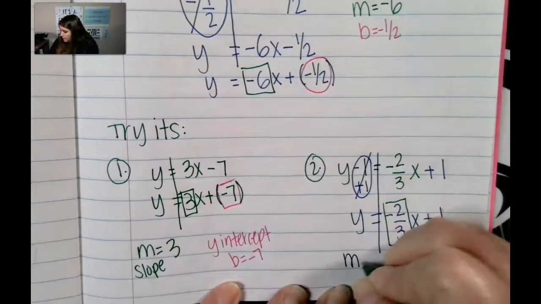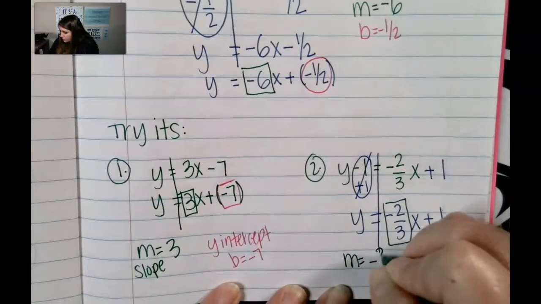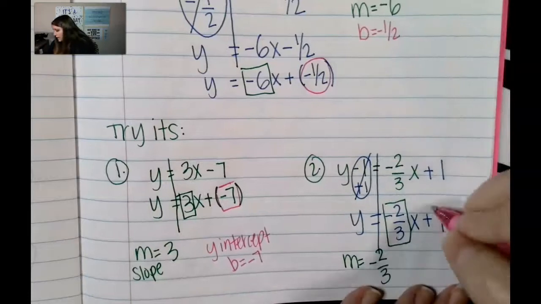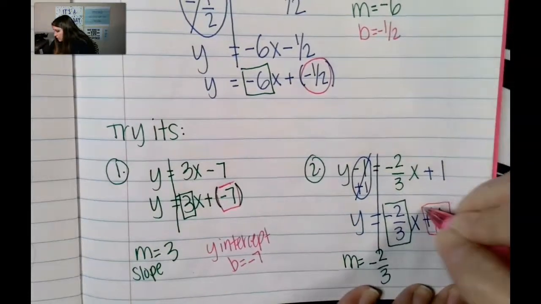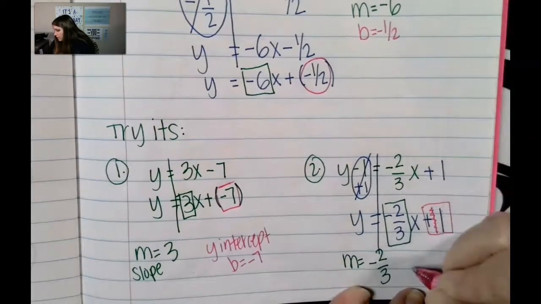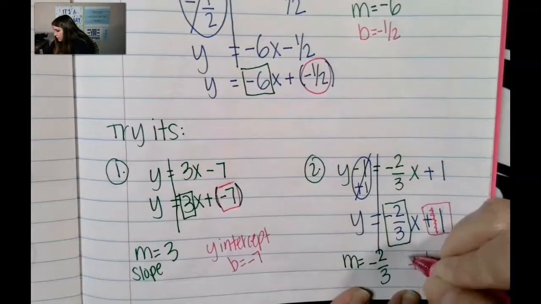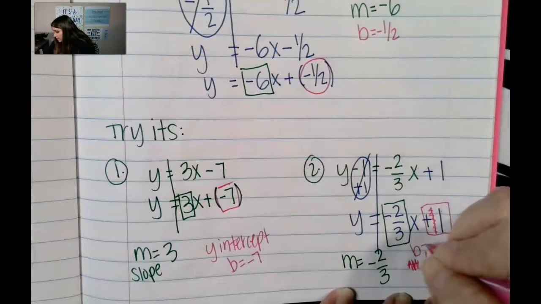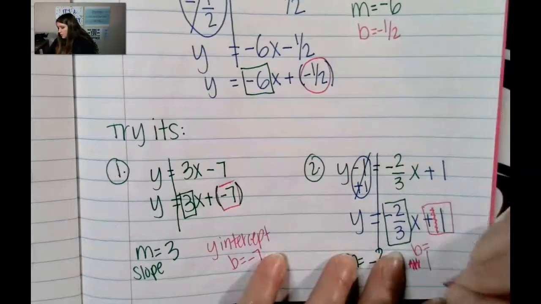So m equals negative 2 over 3. And my y-intercept is plus 1. Oops, so it's just a positive 1. Oh my goodness. So b equals 1.